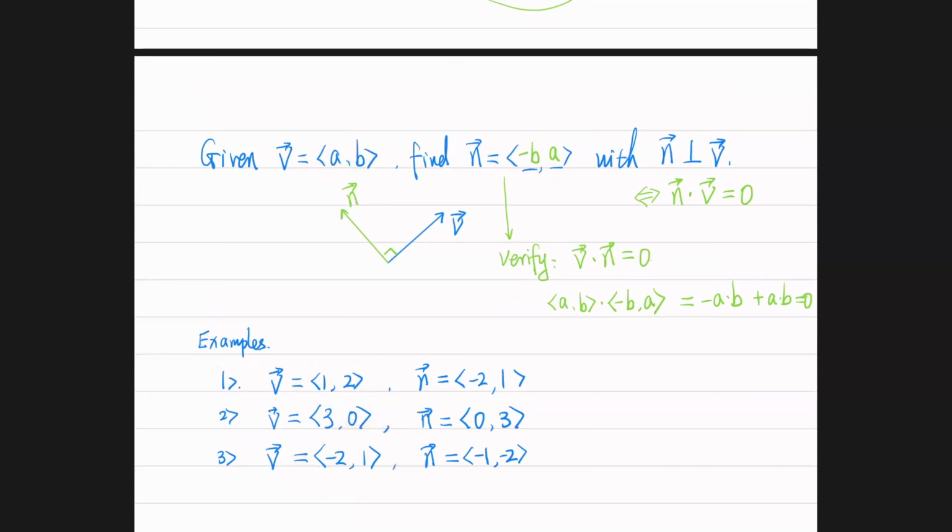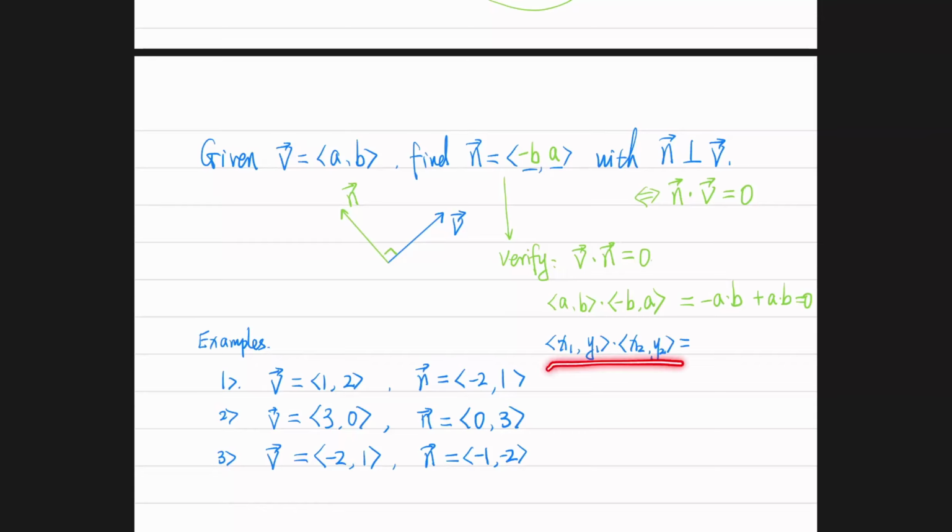Okay, what's the rule for multiplying vectors again? George, what's the rule for multiplying vectors? Here we only have the dot product. Do you remember the formula?